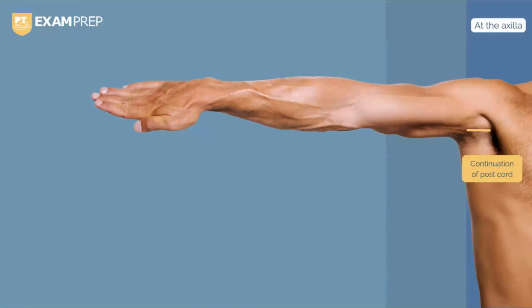The radial nerve is a continuation of the posterior cord of the brachial plexus. It therefore contains fibers from nerve roots C5 to T1. Our picture is going to start at the axilla. It then winds around the back of the arm in the spiral groove.